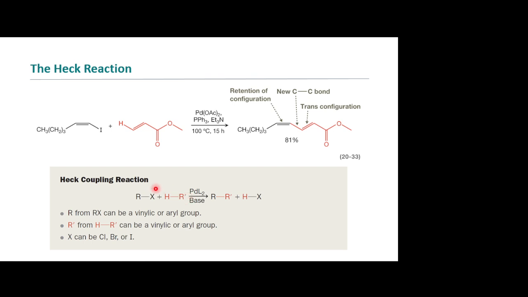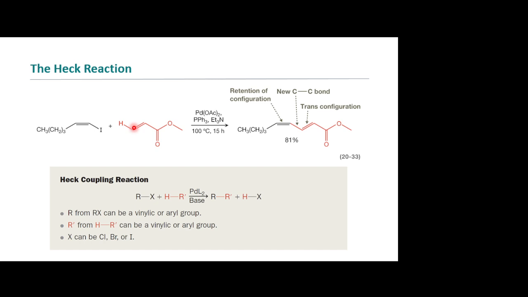The X again is going to be a Cl, Br, or I. And notice again we have a palladium with ligands in the presence of a base. Sound familiar enough? Okay. Yes, very, very familiar. Okay, so what's going to end up happening here is we're actually going to join at this hydrogen end right here.